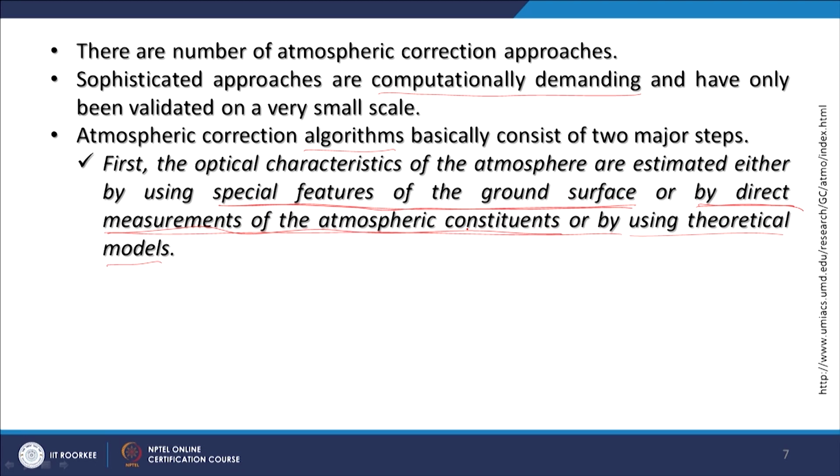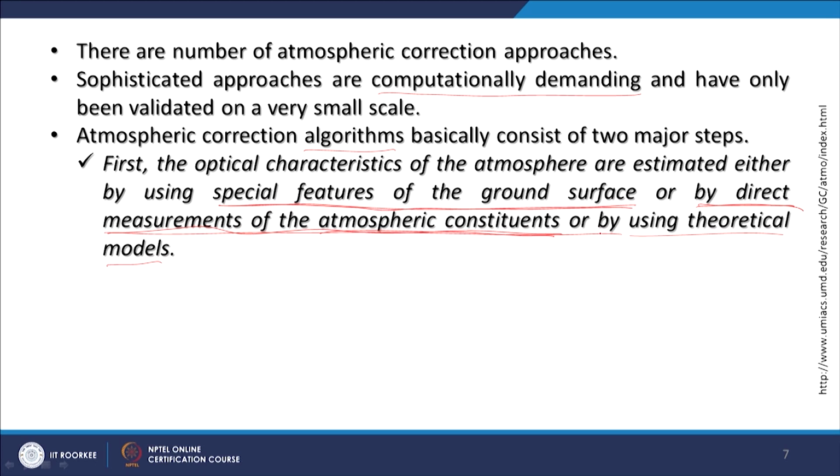Again, it is very difficult, because satellites are overpassing all the time, and too many inputs are required about atmospheric constituents for the particular time when the image was acquired. So, this itself is also very challenging.